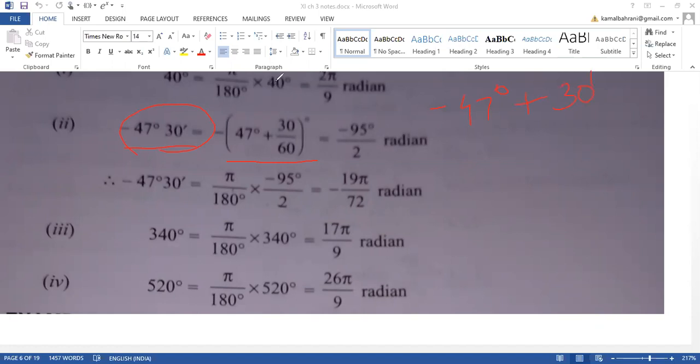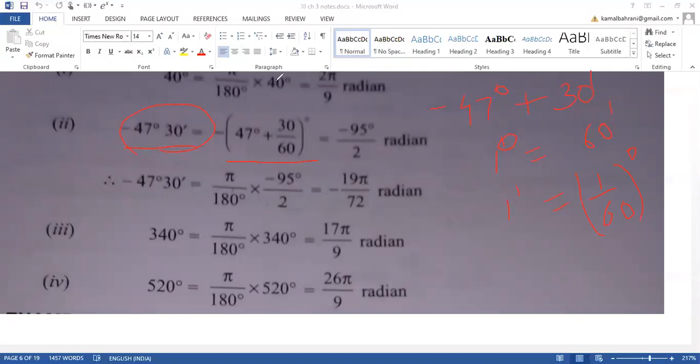Now you know that 1 degree is equal to 60 minutes. So 1 minute will be equal to how many degrees? Just take the unitary method: 1 upon 60 degrees.